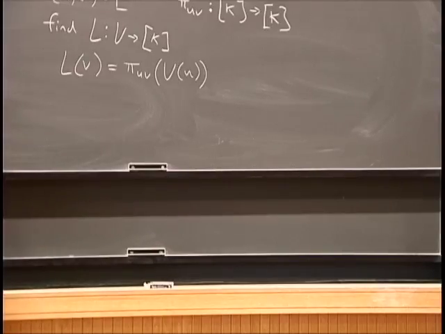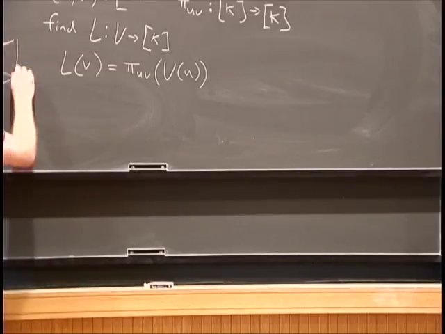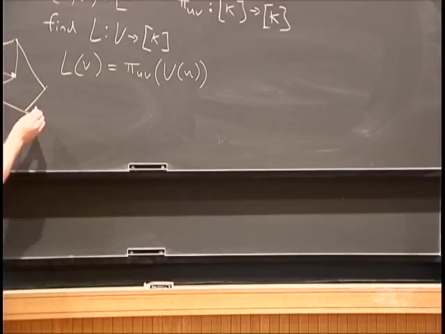So a simple example of a unique game is max cut. Have a graph, and your set of labels you can think of as two things, left and right, or 1 and 2, whatever.